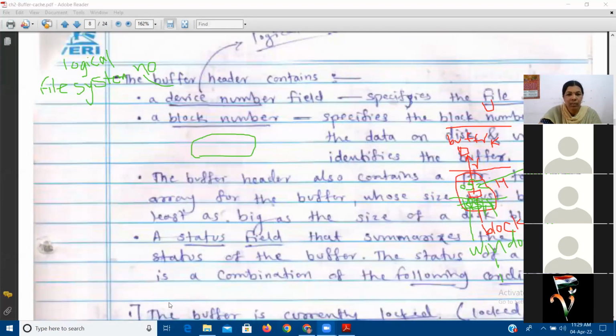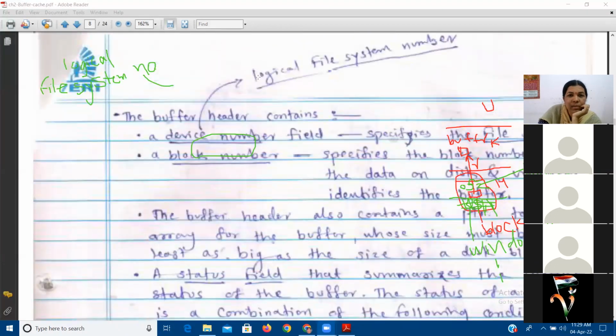This device number is also called a logical file system number. It specifies the file system. It differentiates the file system. Then block number specifies the block number of the data on disk, and uniquely identifies the buffer.